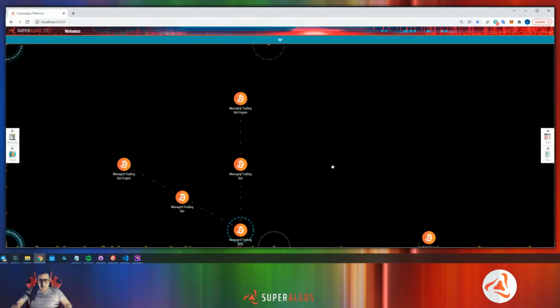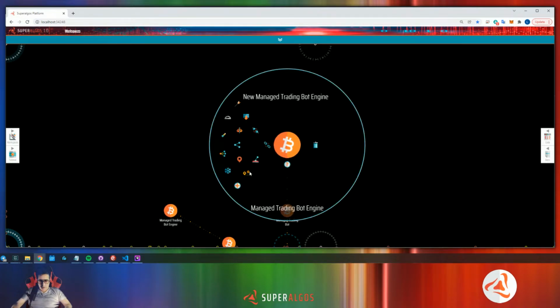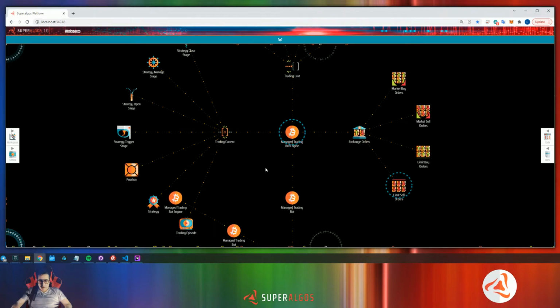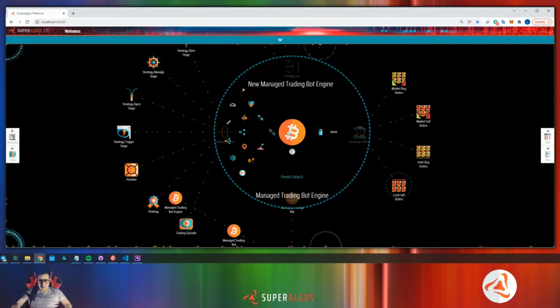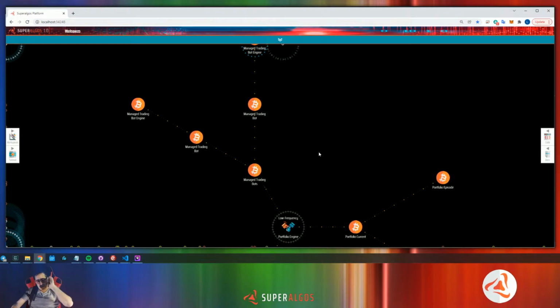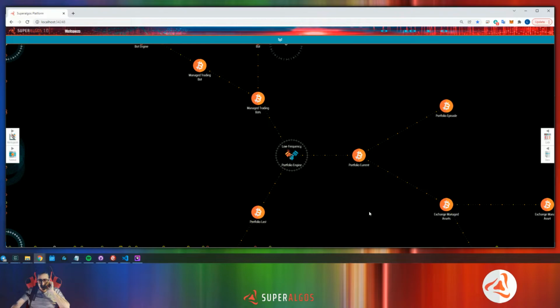All right, so we have our new version of the portfolio system, portfolio manager engine, portfolio engine, with all the information of up to two trading bots, right?